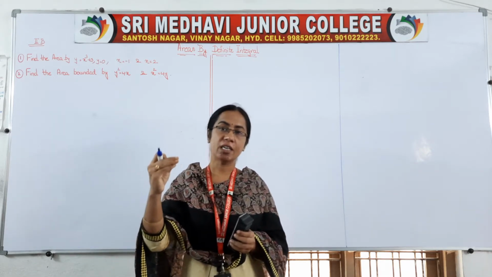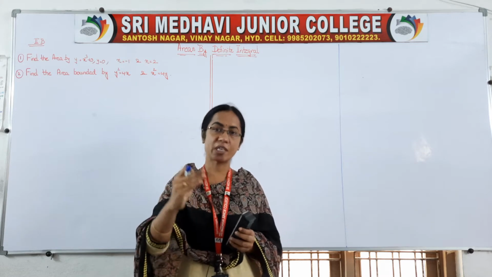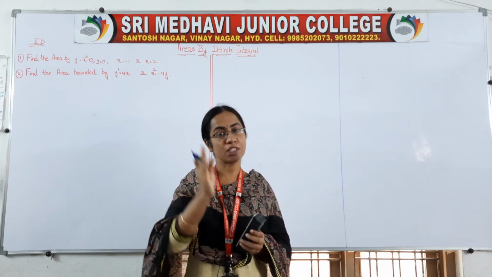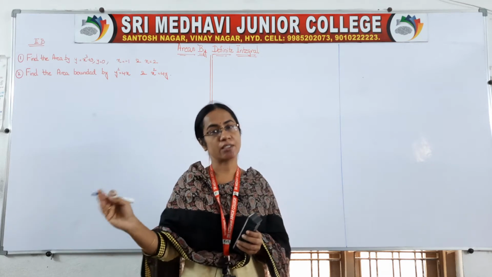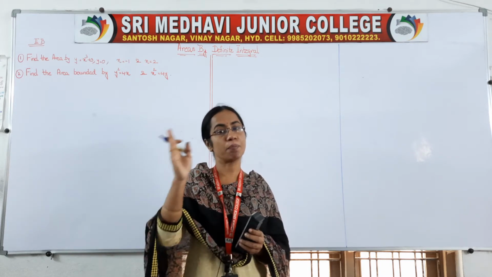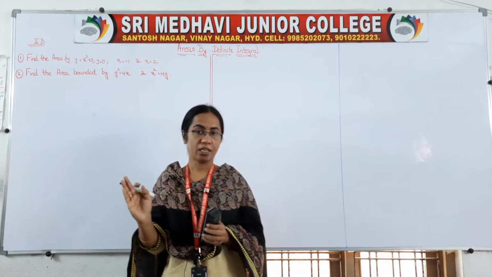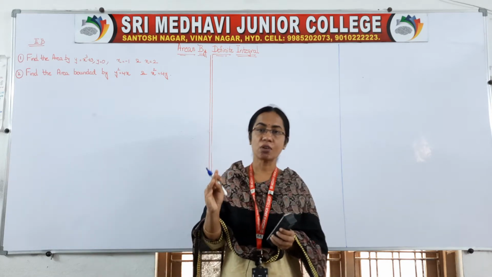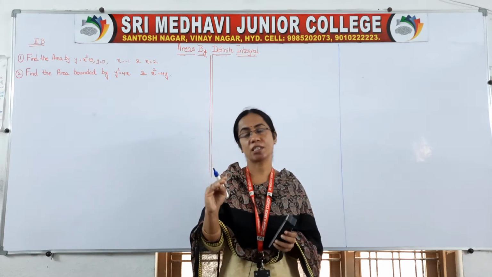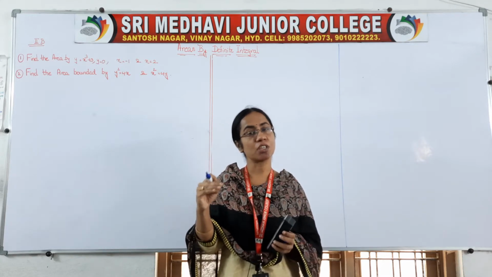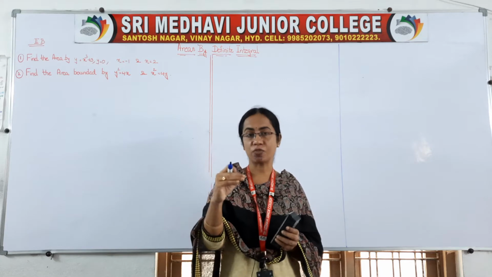We will find the area from this limit to this limit, by the curve and by the x-axis, or by two curves, or by one curve and one line. For that, first we have to take the table and construct the diagram, and check which curve comes upwards, right?